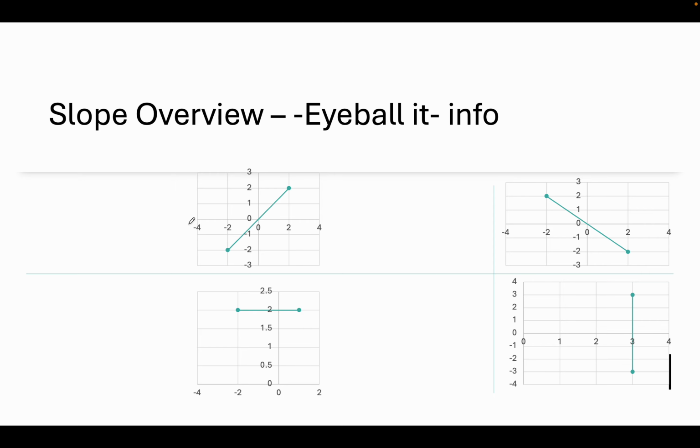If you start going left to right, this is the way that you read in a book, if it goes from your first one and goes up, you know that the slope is going to be positive. If, going left to right, the slope goes down, I can tell that my slope is negative.